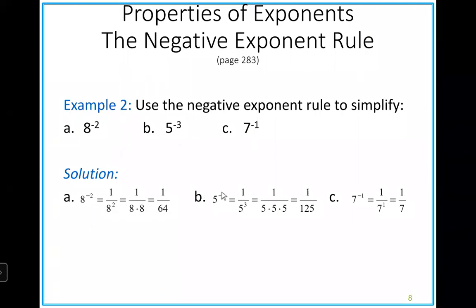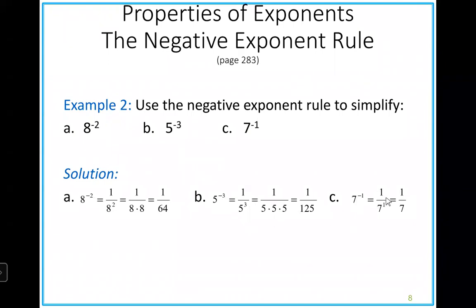Following the same pattern, 5 to the negative 3 is 1 over 5 to the third power, which is 1 over 5 times 5 times 5, which is 1 over 125.